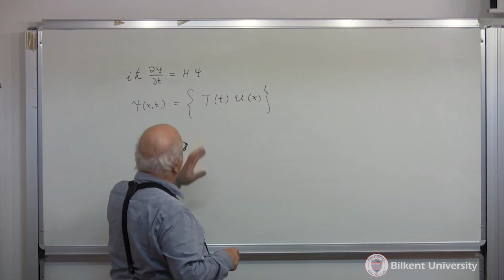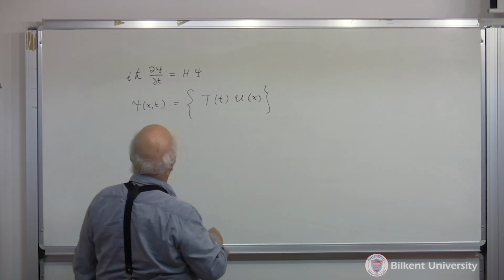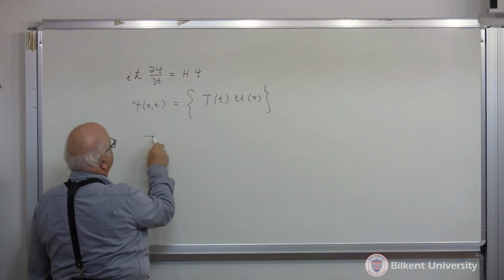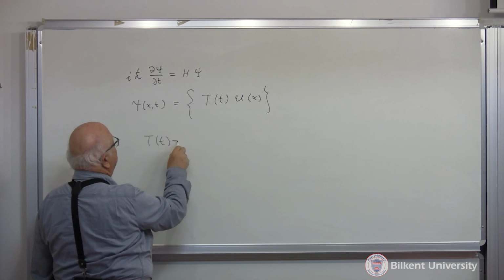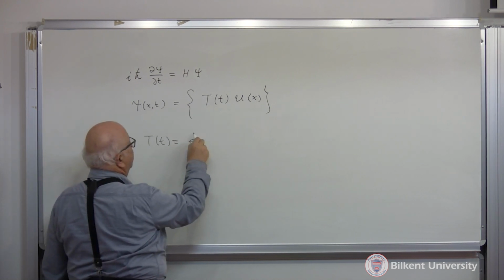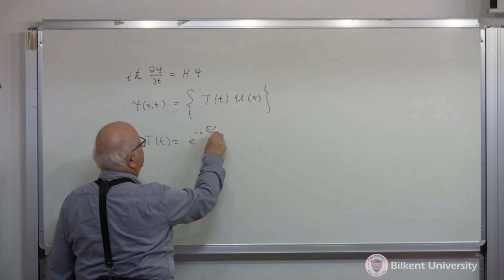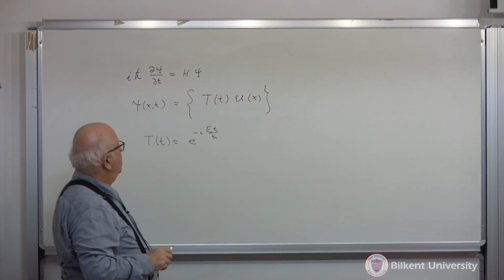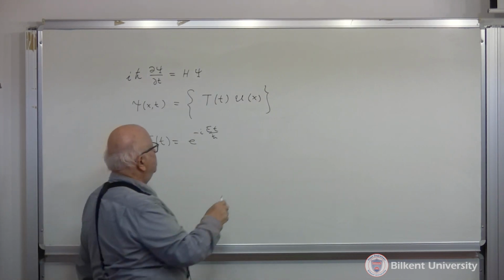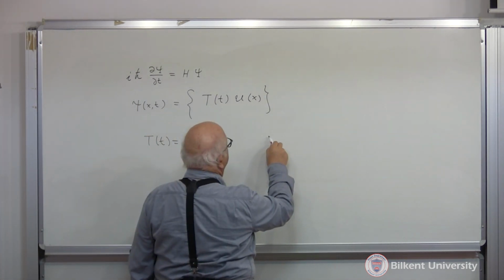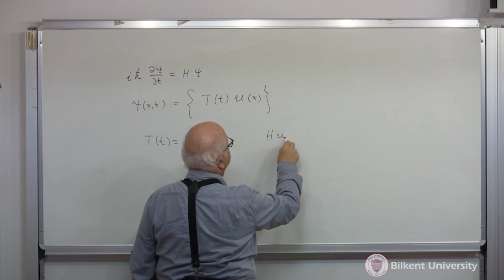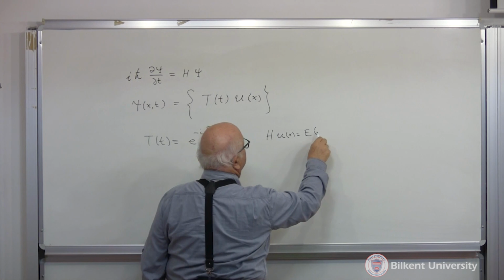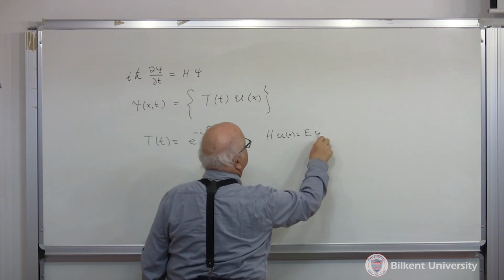And we went through some process. We saw that there's this separation constant, and it leads to this T of t, which is going to have e to the minus i E t over h bar. And similarly, for the space part, we have H times u of x is equal to E times u of x.